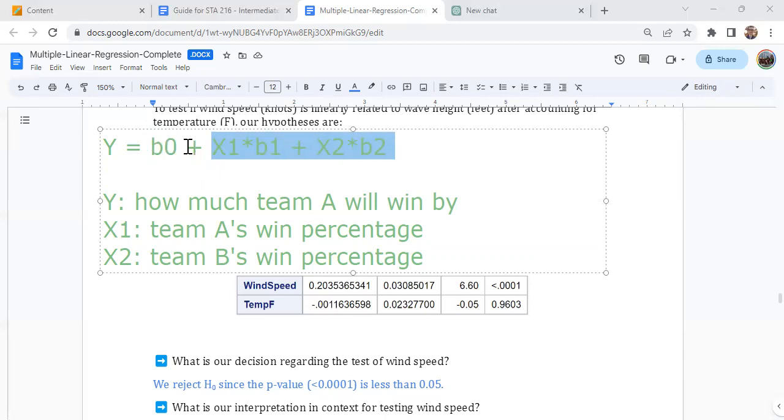But if it's randomly determined which one is team A, the reference team, we wouldn't expect them to have a particular advantage over the other team. So in that case, it makes sense that you would want to exclude the intercept, because it really should be 0 by construction of the data set.